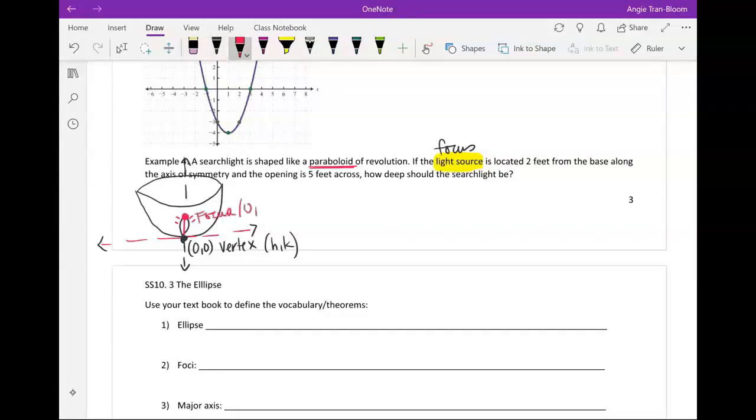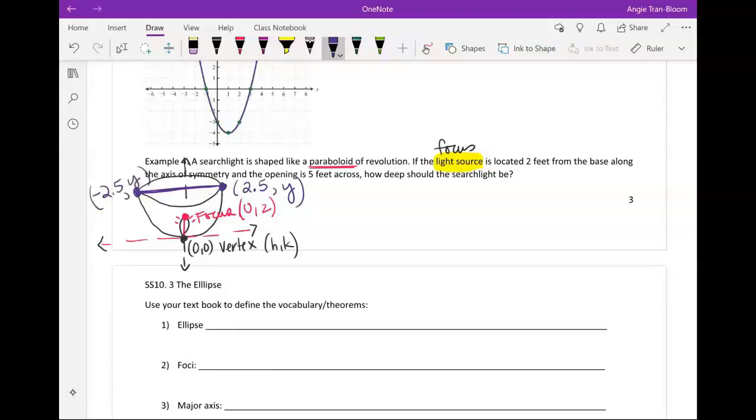The focus is right now at 0, 2. The reason I know 0, 2 is because this is a parabola opening upward. And then they even went further and said, okay, well, the opening is 5 feet across. So this is 5 feet across. What that means is that I know this ordered pair. This ordered pair is 2.5 feet, some y value. And this ordered pair is negative 2.5 feet, some y value.